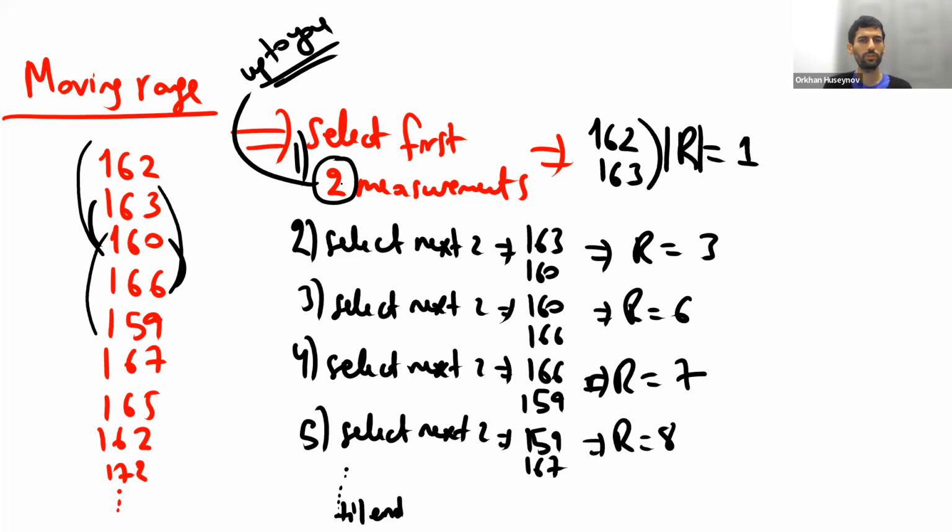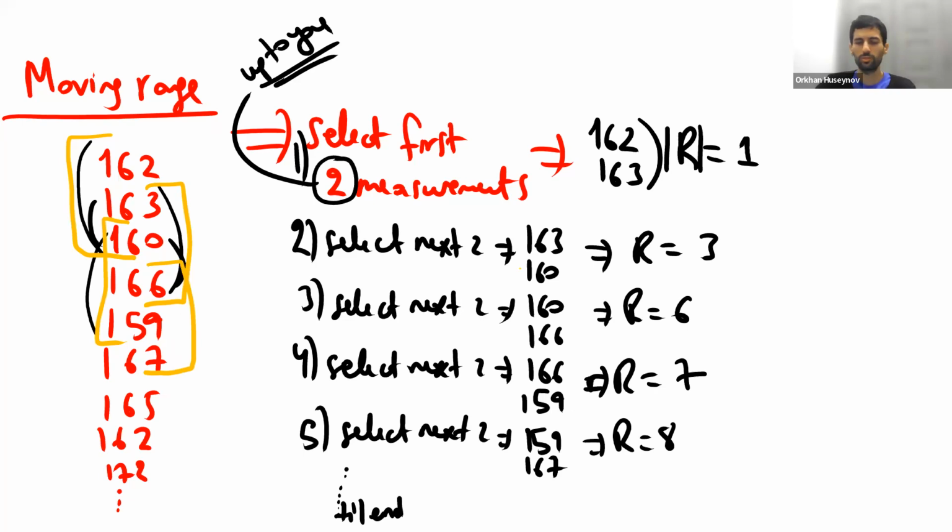You can go up to 2 measurements, but you have to go step by step. Each time you have to skip one number. So say you selected the first 3, the second 3 will be this one, and the next one will be this part, and then this one. This way you select the numbers. Actually, it should be this one.